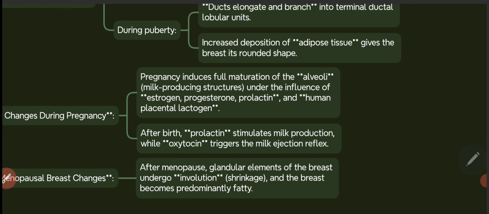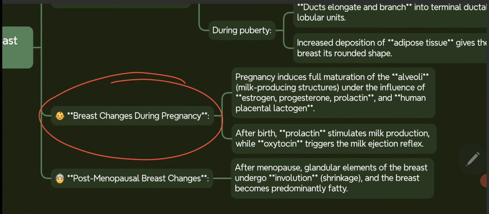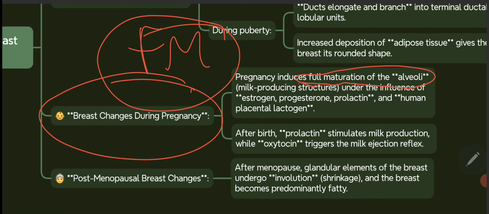Breast changes during pregnancy. Pregnancy causes the full maturation of the alveoli, so this will cause milk production.